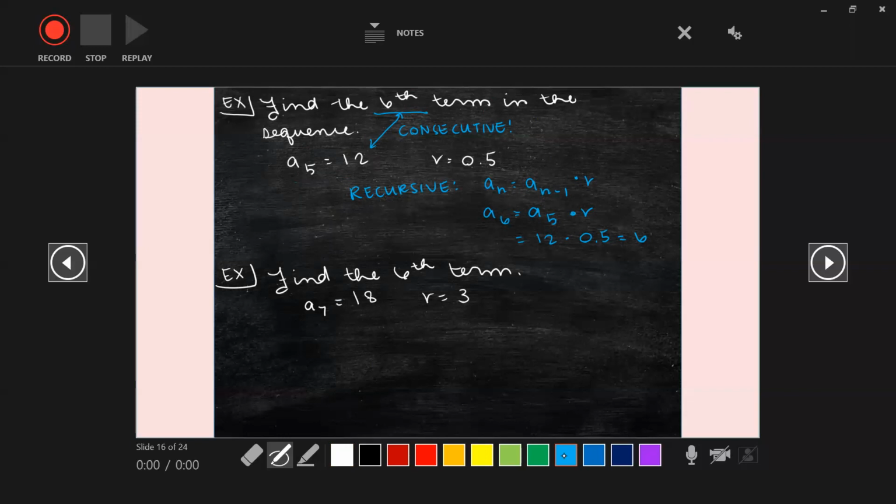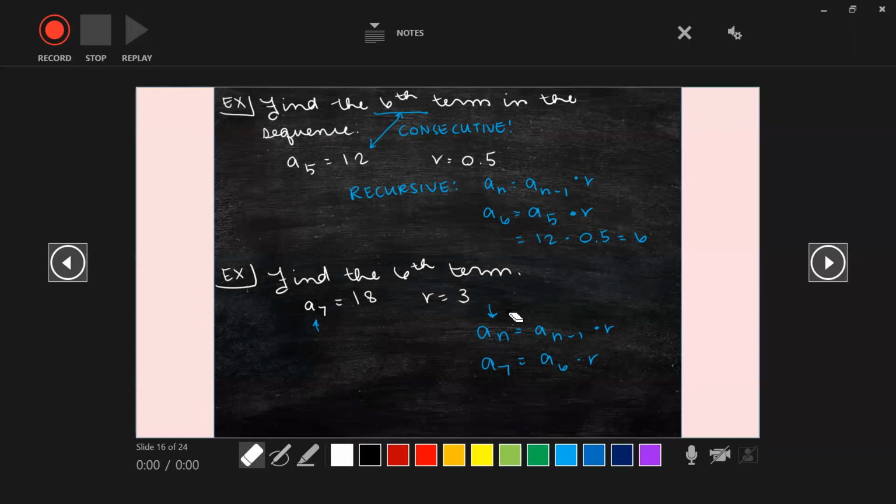So instead, I'm again going to use my a sub n is equal to a sub n minus 1 times r formula, but I'm going to use the larger term, a sub 7, and then the term behind it in the sequence, a sub 6, times r. Just because I'm trying to find a sub 6 doesn't mean I automatically put a sub 6 in here. You have to see which term it is in the consecutive pair. Is it the first one or the second one?